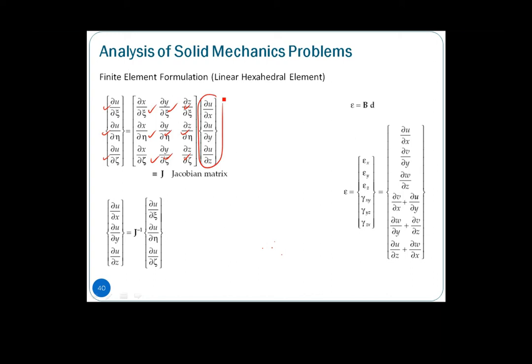As well as del v del x, del v del y, del v del z equals to J inverse times del v del psi, del v del eta, del v del zeta.